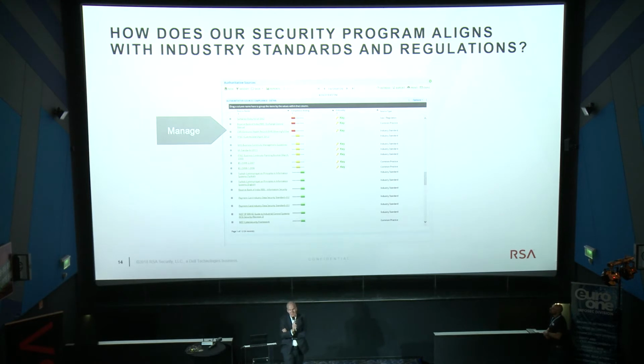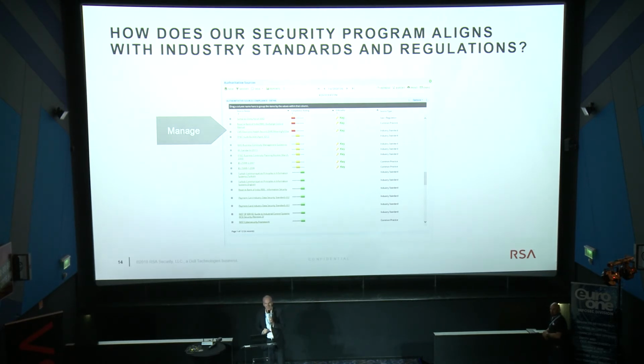When you have all this in Archer, you can use the results of your controls, whether they are compliant or not compliant, and link them back to what we call authoritative sources. Then you can easily say, okay, I'm compliant with NIST, with ISO, or whatever regulation you are looking for. You can spot the weak spots where maybe we are a little bit short in a particular area.